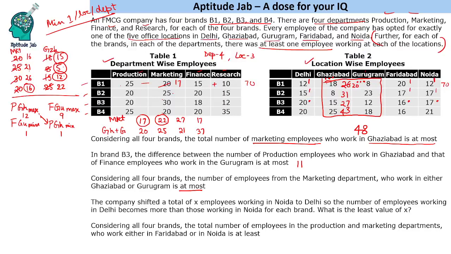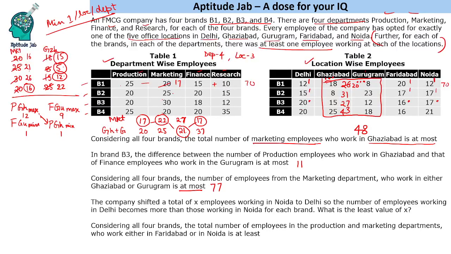There are 27 marketing employees, but only 21 seats available, so we can assign only 21. Similarly there are 17 employees. Just add them: 39, 60, 77. So the answer is 77.